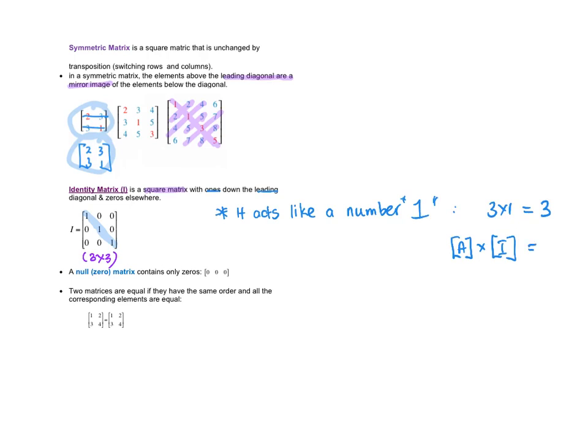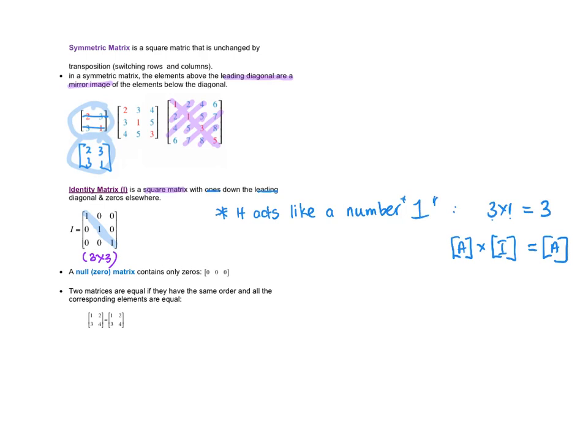So what do you think your answer will look like? If 3 by 1 equaled 3, and now I said A by I, which I is the identity matrix, what do you think you're going to get? A, matrix A. So can you see, timesing something by the identity matrix, if it can be done, won't change that matrix, yeah? And we sometimes need it to be able to do some other things. But if you can remember that, it will help you.